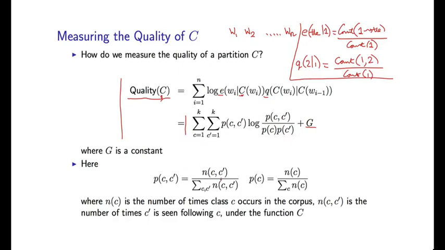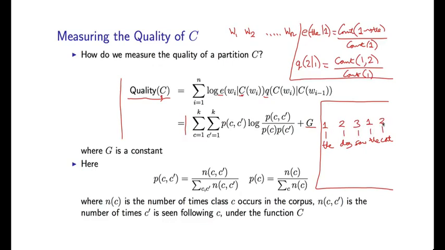How are these P's actually derived? Well, I can read off these counts from the corpus. So if I see, for example, the dog saw the cat, let's say I have some function capital C which I'm trying to evaluate, and say that maps the word the to 1, dog to 2, saw to 3, the to 1, cat to 2.